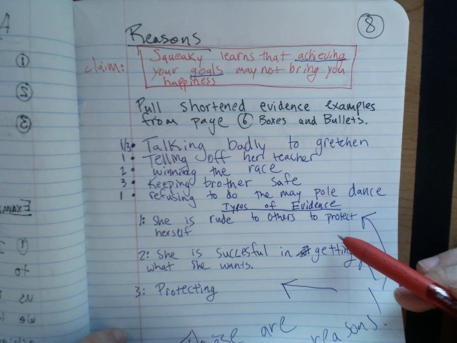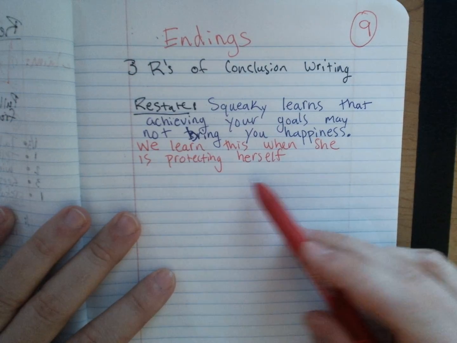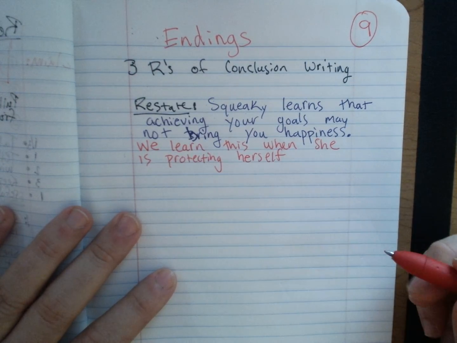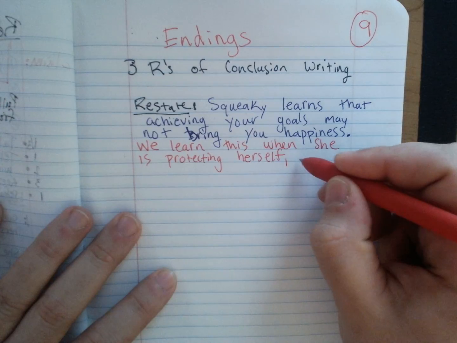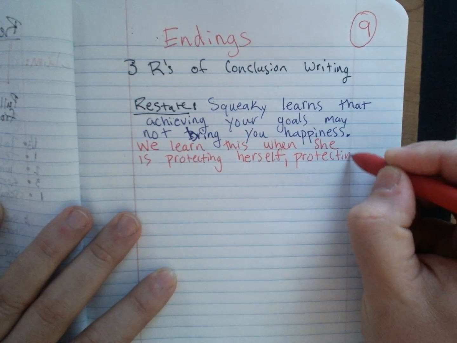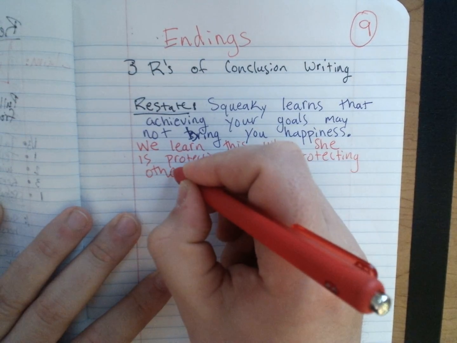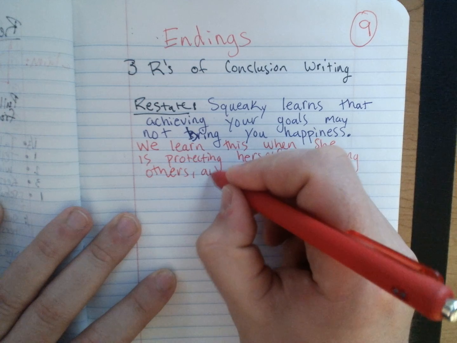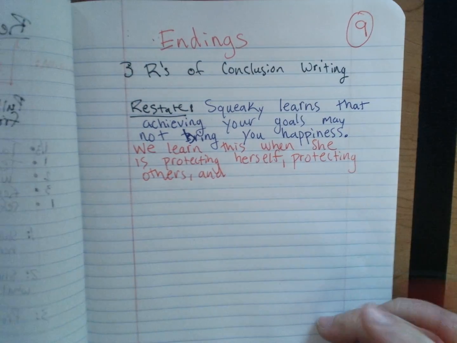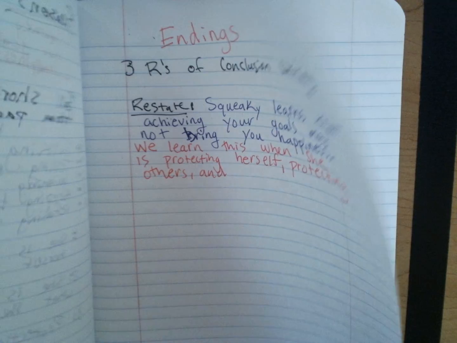And I like doing less. So I made it less. I made it that she's protecting herself. So we learned this when she's protecting herself, protecting others, and when she is successful.